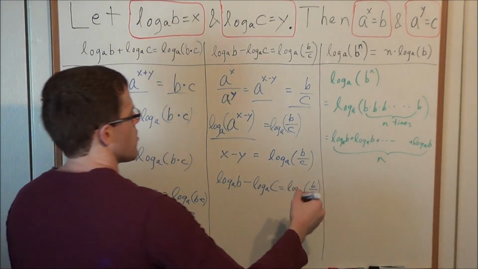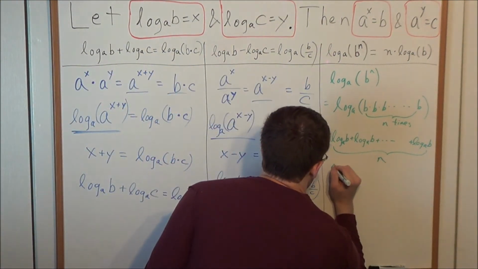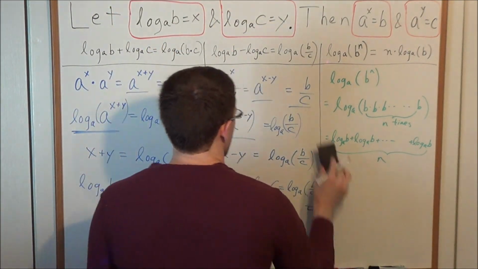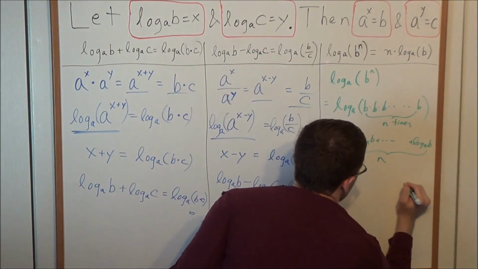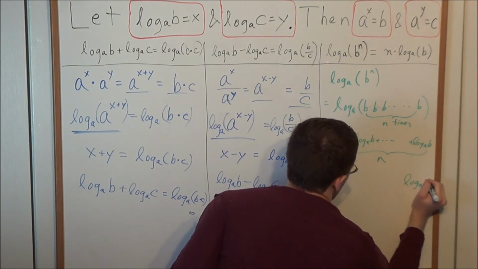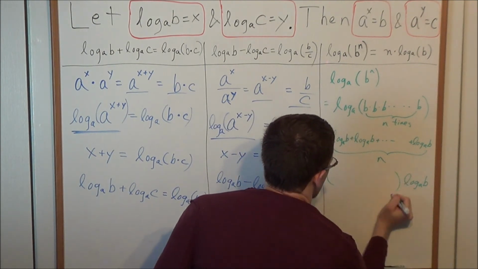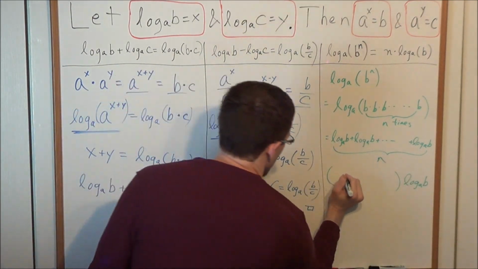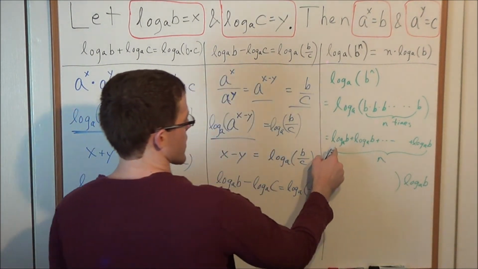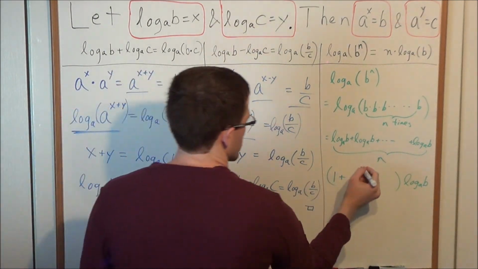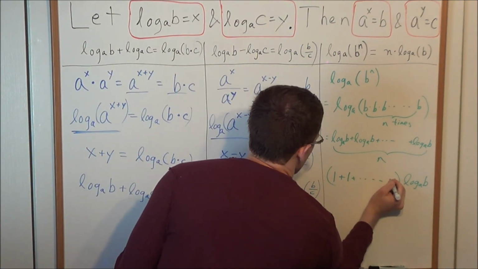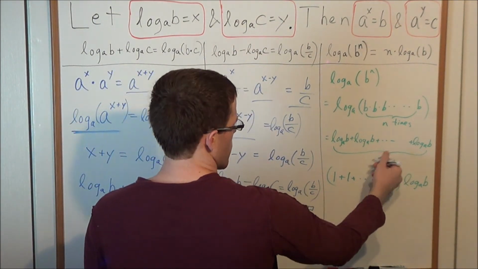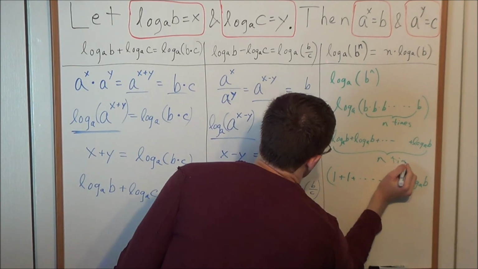So now we can factor out a log base a of b. When we factor log base a of b from the first term, we're left with 1. When we factor it from the second term, we're also left with 1. So we're left with 1 plus 1 plus 1, n times.